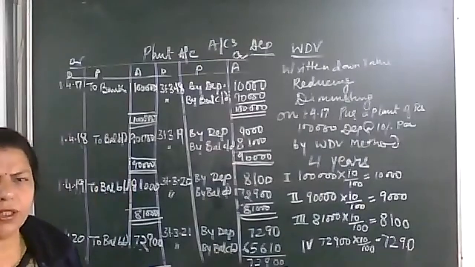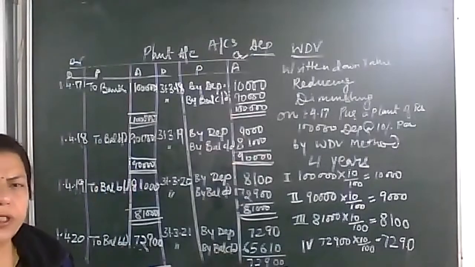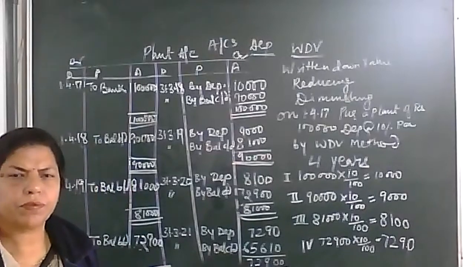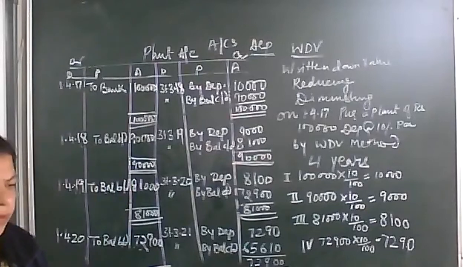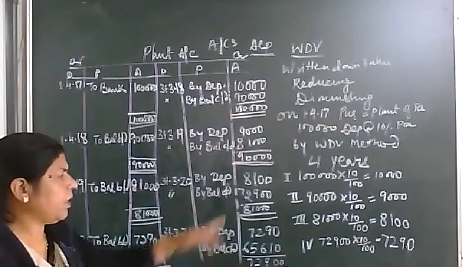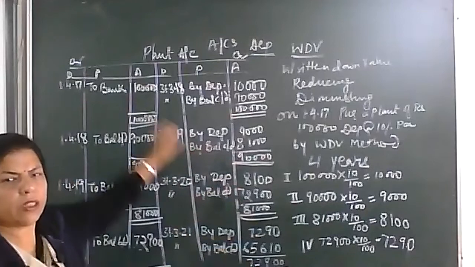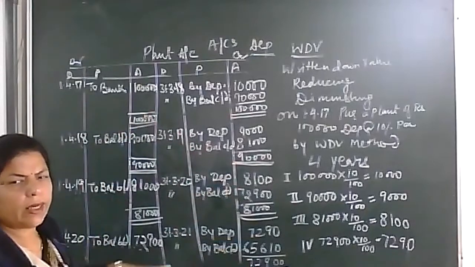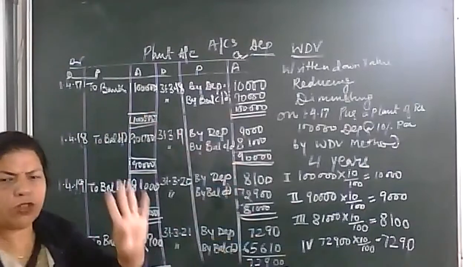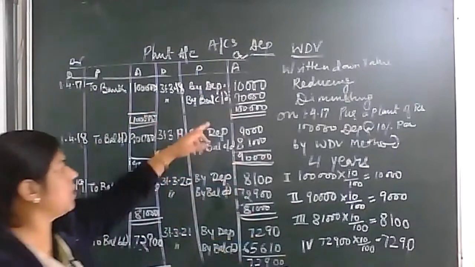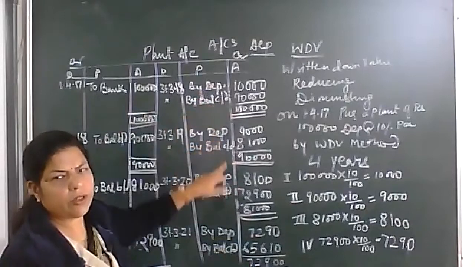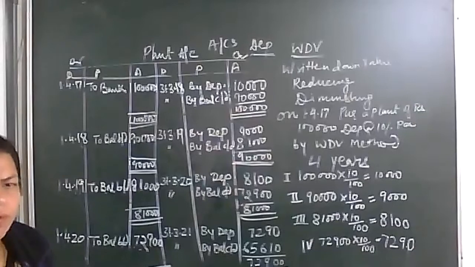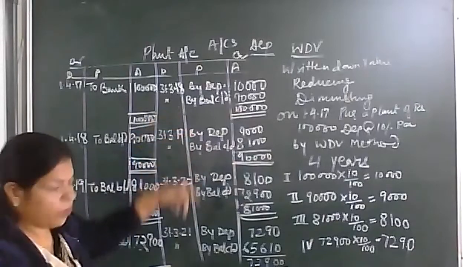First year, second year, third year and fourth year. Noel John, have you copied it down, beta? And then after calculating the depreciation amount, we have to calculate 1, 2, 3, 4 years also, and end up with the double lines. This is for 1 year, second year, third year and fourth year.